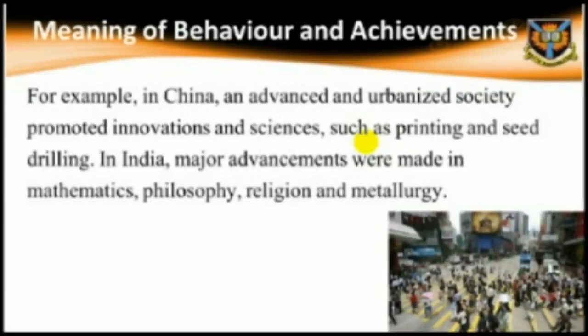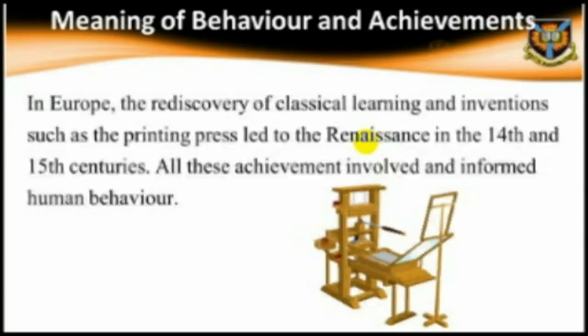In India, major advancements were made in mathematics, philosophy, religion, and mythology. The Islamic Golden Age saw major scientific advancements in Muslim empires. In Europe, the rediscovery of classical learning and inventions such as the printing press led to the Renaissance in the 14th and 15th century. All these achievements involved and informed human behavior.